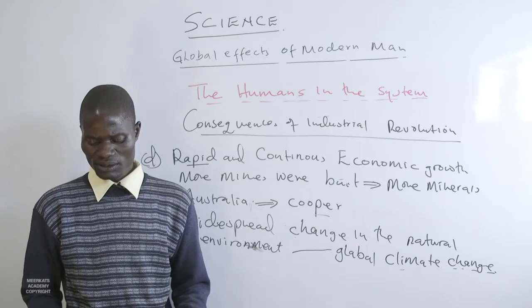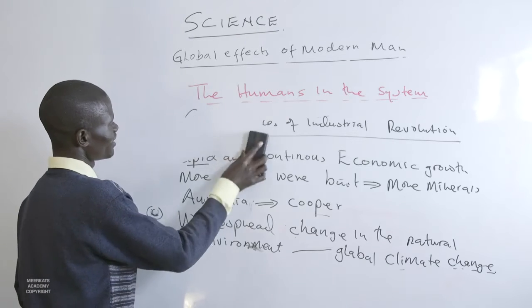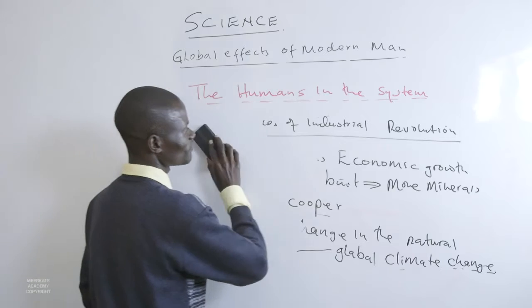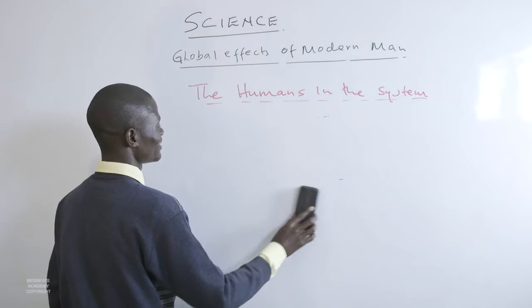When we look at most of these revolutions, they have come as a result of human beings found in the system of the biodiversity.